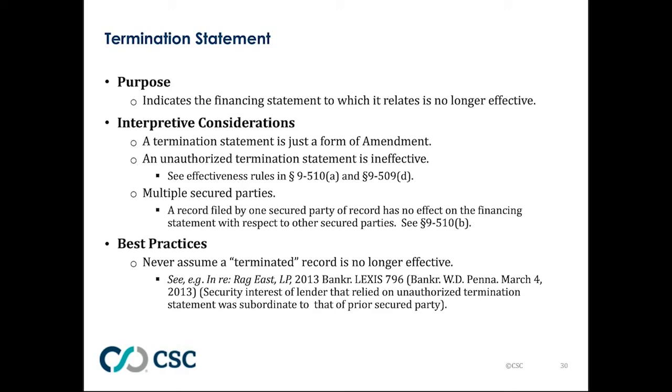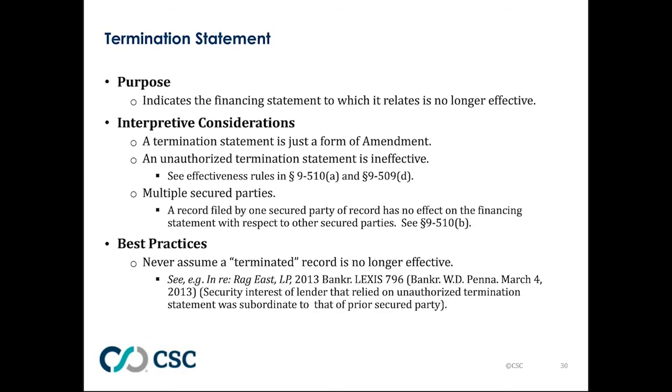The first secured party was perfected and had priority over the second secured party because they didn't authorize that termination. So bottom line is that termination statement wasn't effective, and the second secured party took subject to the financing statement filed by the first secured party.